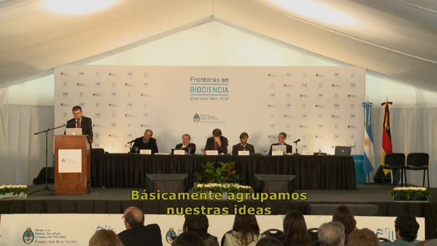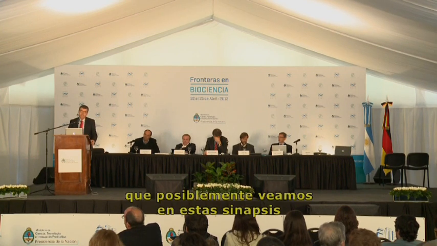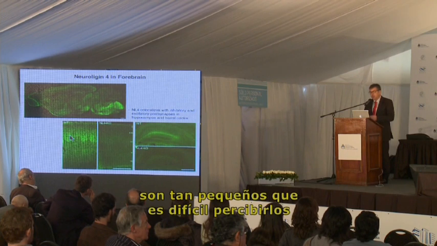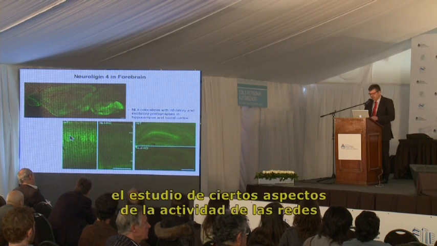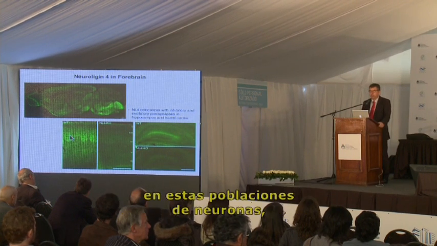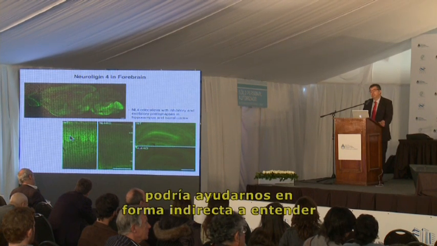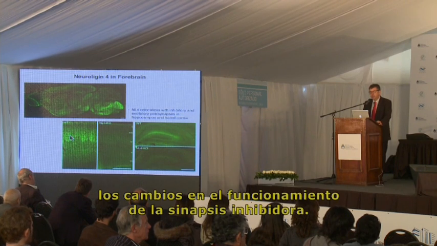So we regrouped and assumed that maybe the defects that we can possibly see at these synapses are so minor that they are very hard to measure at the single synapse level. Therefore we studied certain aspects of network activity in these populations of neurons that could help us to indirectly read out changes in inhibitory synapse function.